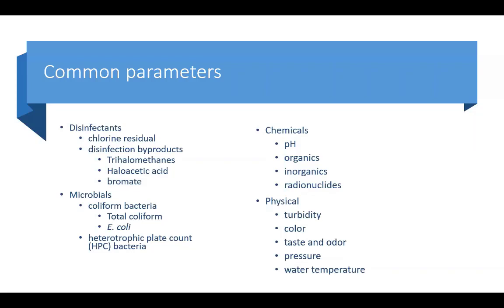We want to ensure that at all points in the distribution system, there is at least 20 psi pressure to avoid infiltration of water and soil bacteria from around the pipe itself. And then we typically monitor for water temperature.